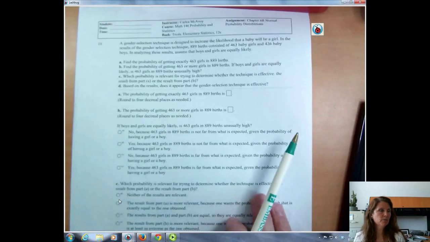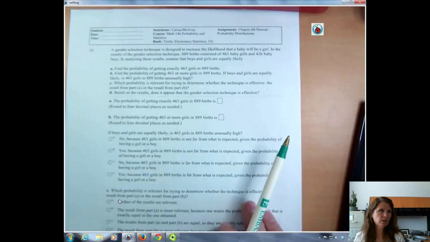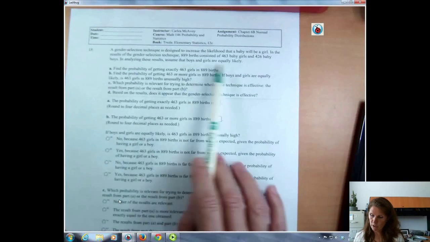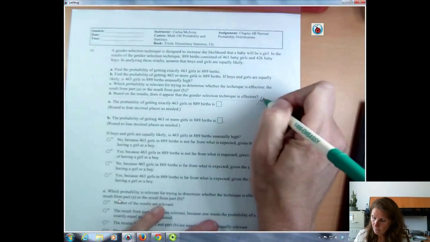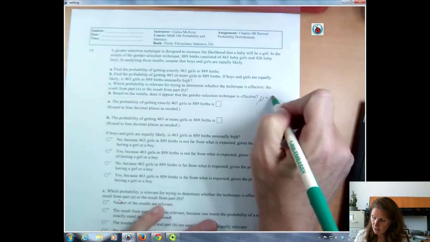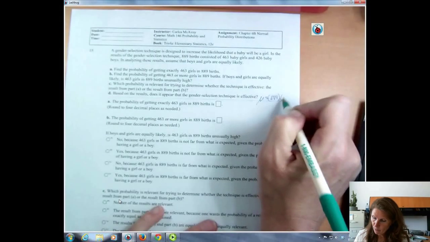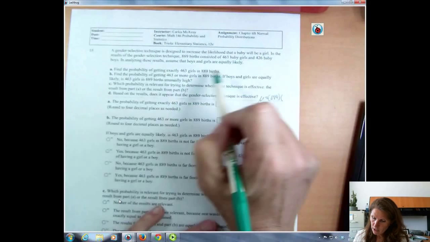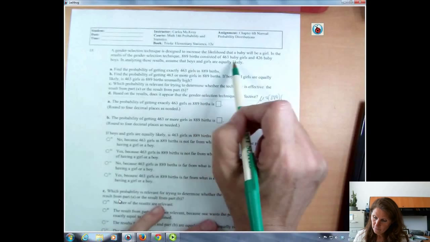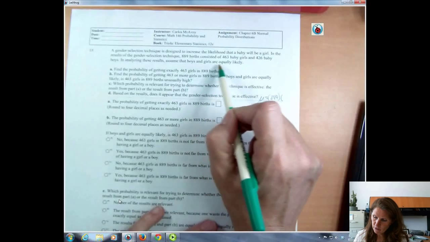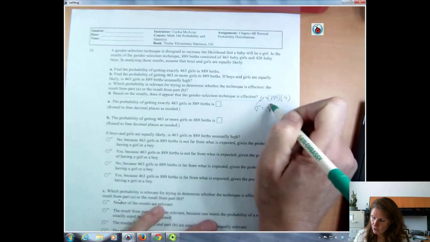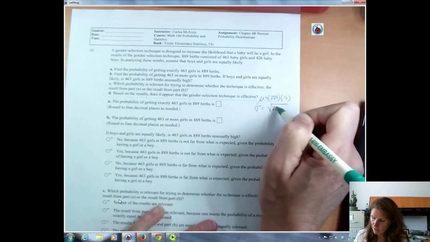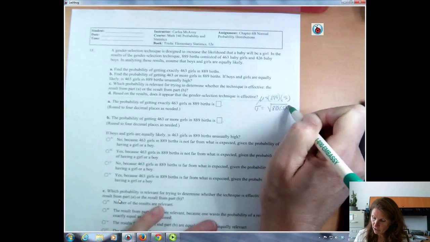And this last one we're going to do is just the same, only they're talking about girls being born, that kind of thing. Our N is 889. And our probability, they're equally likely, so it's 0.5. And our standard deviation is then the square root of 889 times 0.5 times 0.5.